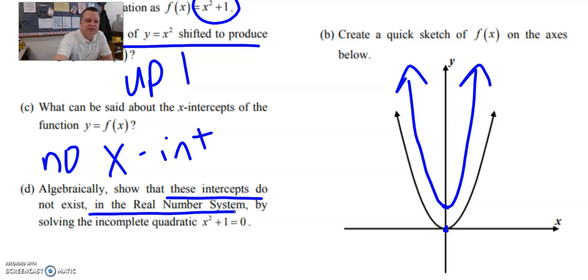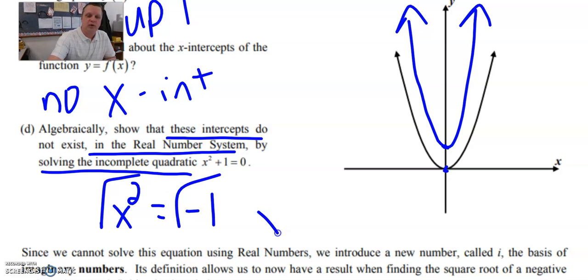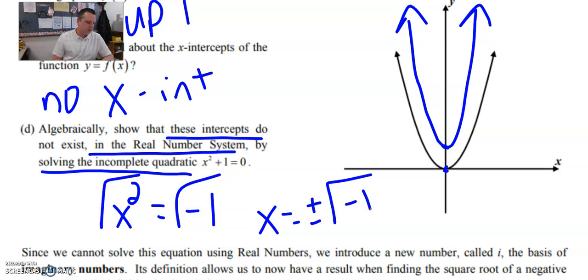So if you wanted to solve this quadratic, anytime you have an x squared, only an x squared, you can bring the other value over. So I have x squared equals negative 1. Then I square root, x equals plus or minus square root of negative 1. But that doesn't exist, right?